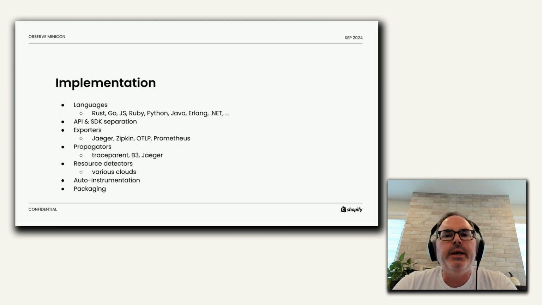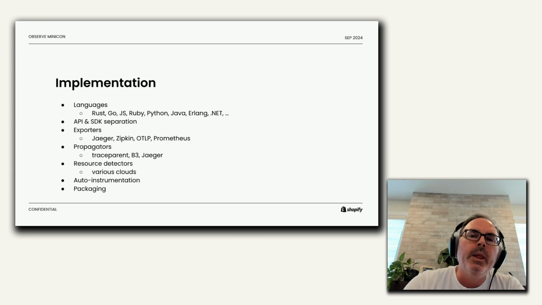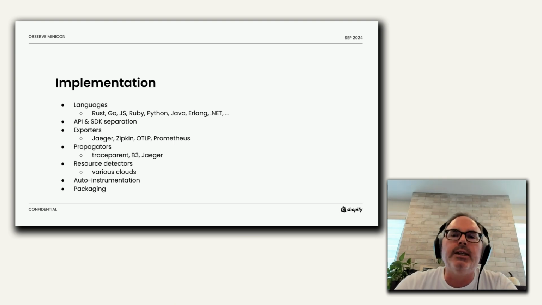We have implementations of the API and SDK in all the major languages, probably including several that I've forgotten. I've said this before, the API and SDK are shipped as separate packages, which allows substitution of different SDK implementations. There's an emphasis on legacy compatibility in the spec to provide a migration path.